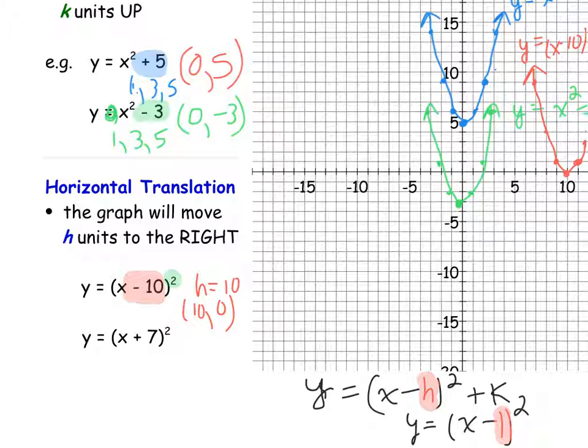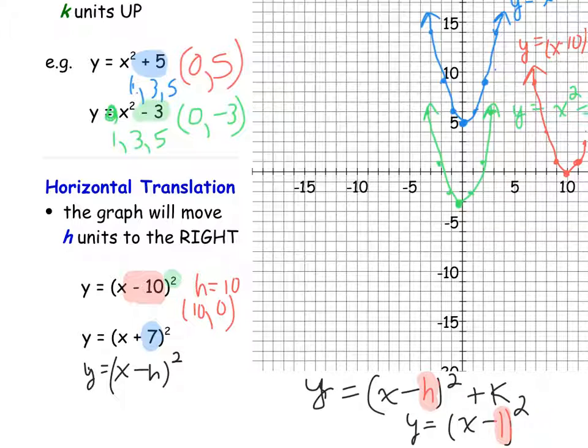All right, so when I look at this, I can see that I have a 7 inside the bracket, but I need to be careful here because the standard form of this function is y equals (x minus h) all squared, right?